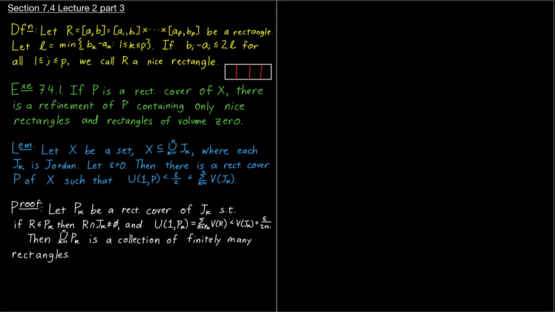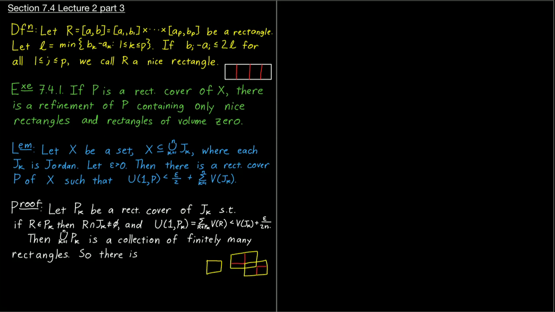And if you have finitely many rectangles, even if they overlap, you can cut them up in such a way that you produce basically a refinement of each of the rectangles. This is one of the lemmas I gave to you back in section 7.2.